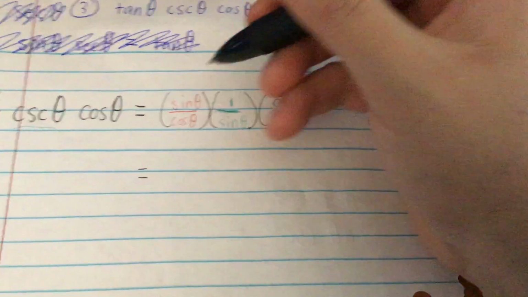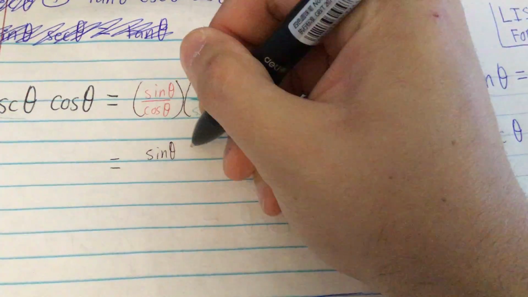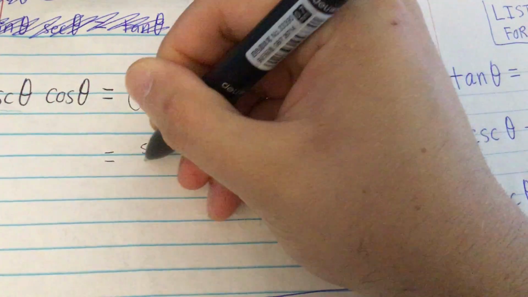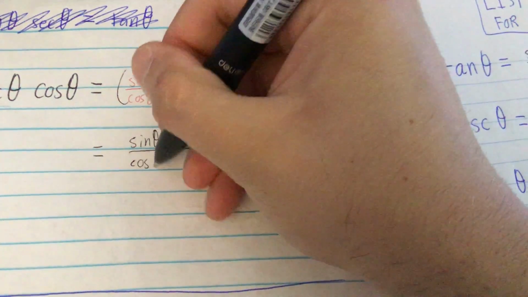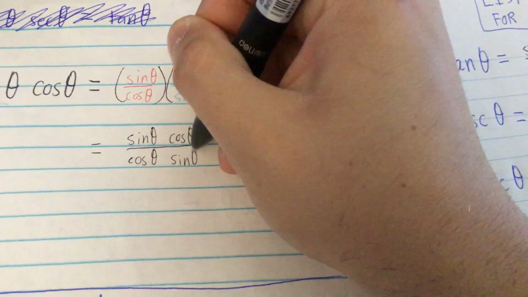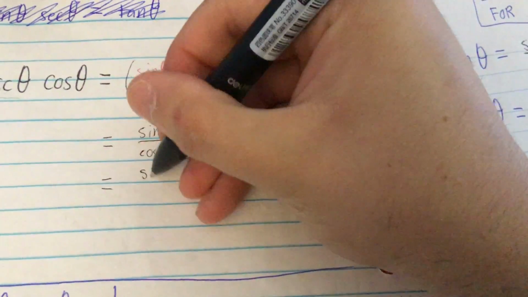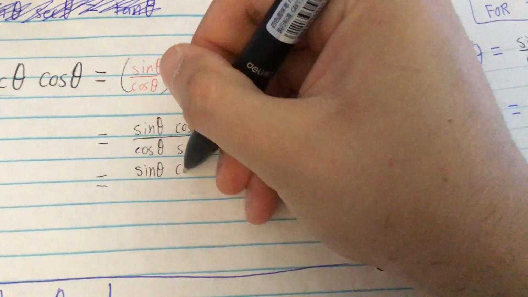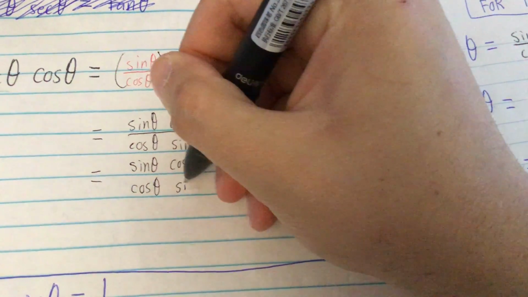Okay, sine times 1 times cosine, well, that's just sine times cosine. Cosine times 1, well, that's just cosine of theta times sine of theta. Okay. Even though I could cross out right now, I'm just going to rewrite it just to show you, okay, can anything on the top and bottom cancel each other out?